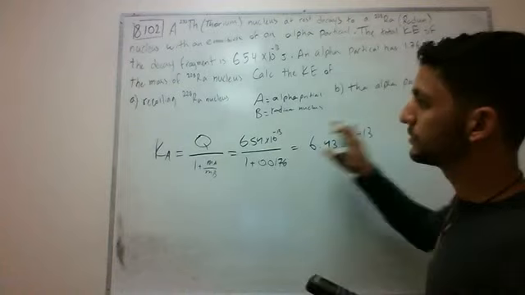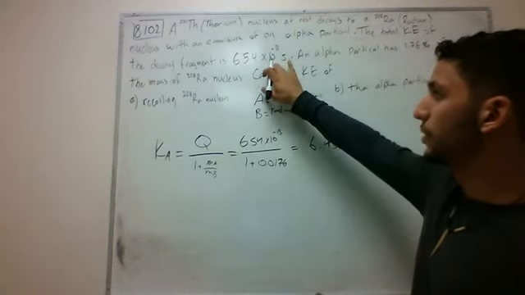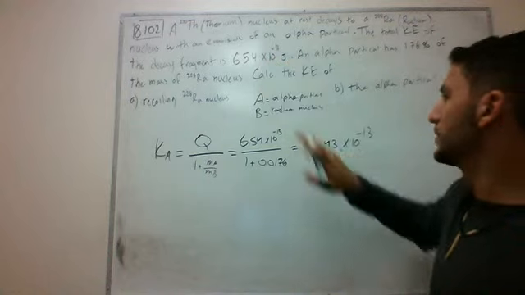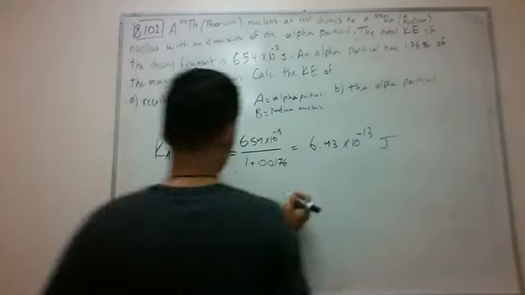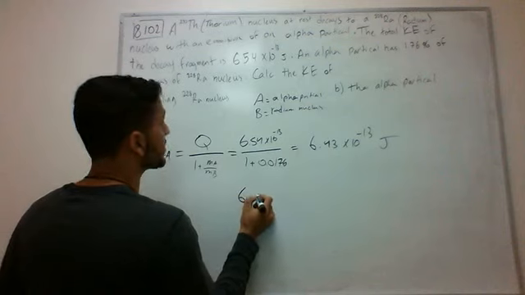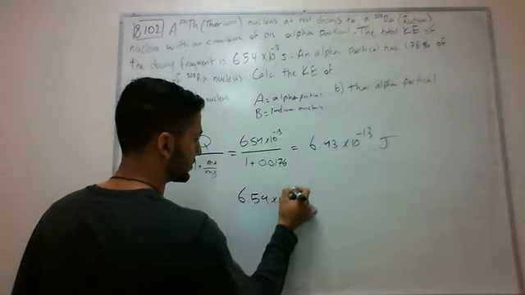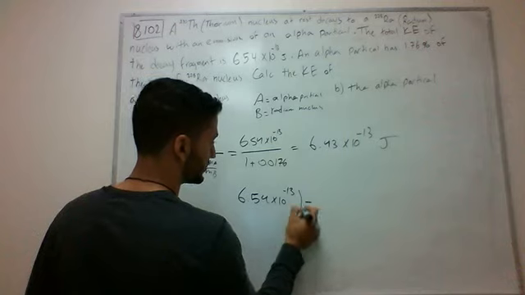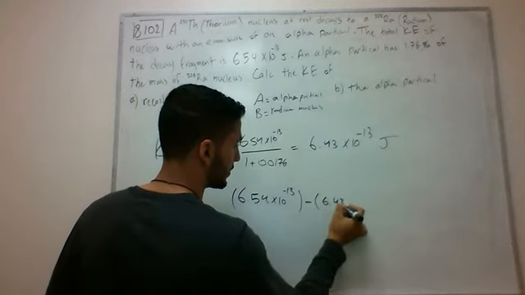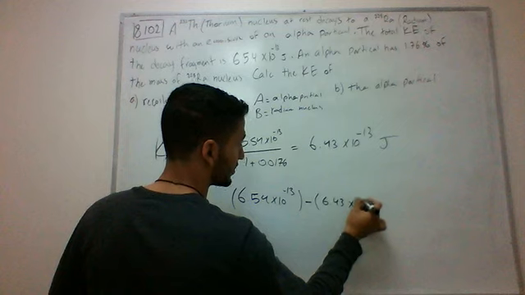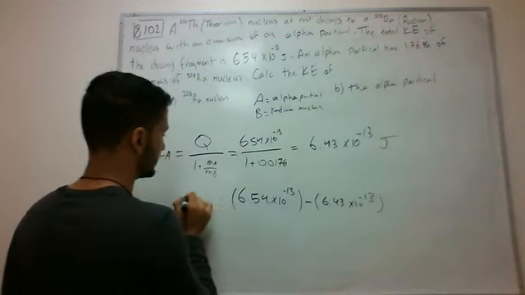So to get part A, it's simply subtracting what we have, the K fragment, from what we have right here. So we get 6.54 times 10 to the negative 13 minus 6.43 times 10 to the negative 13. This is for Kb.